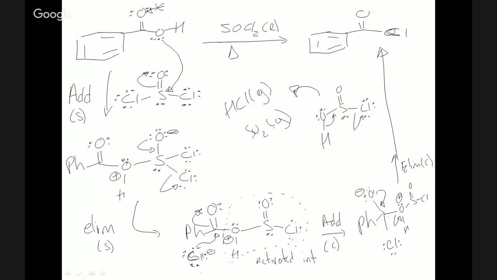SOCl2 is a very special reagent. There's others too. But we can use SOCl2 to convert carboxylic acids to carboxylic acid chlorides. We introduced this reagent with alcohols very briefly. Again, just to introduce it, now we're talking about it a little more. You don't have to draw that mechanism, but you have to be able to predict products. Carboxylic acid, SOCl2 with heat.